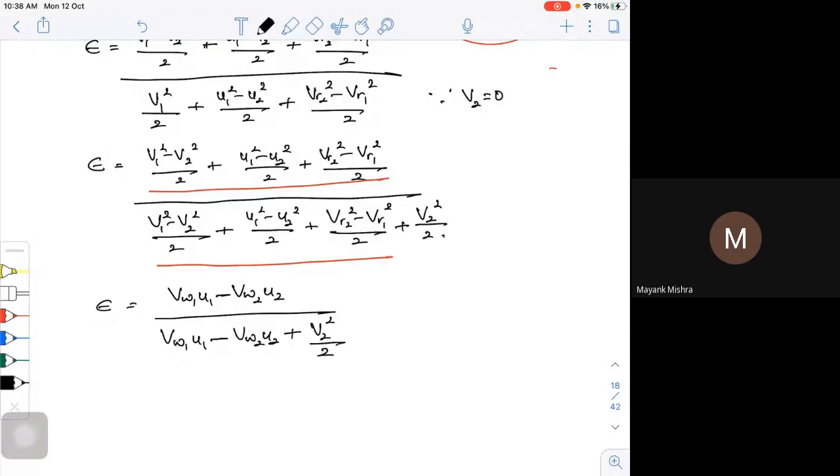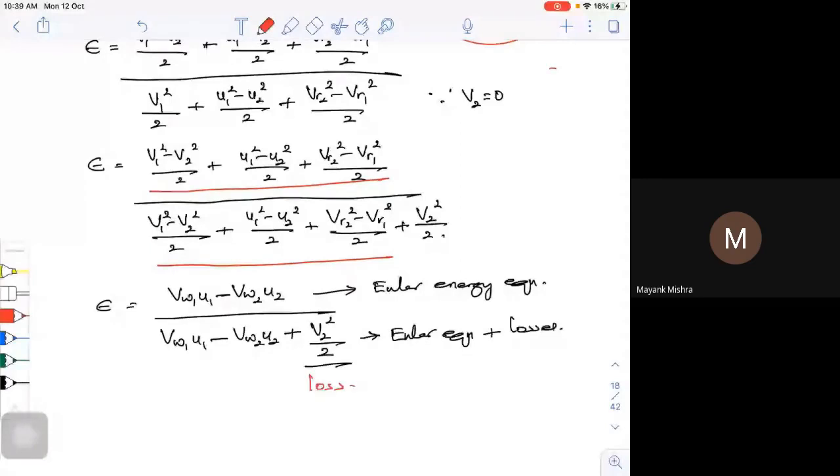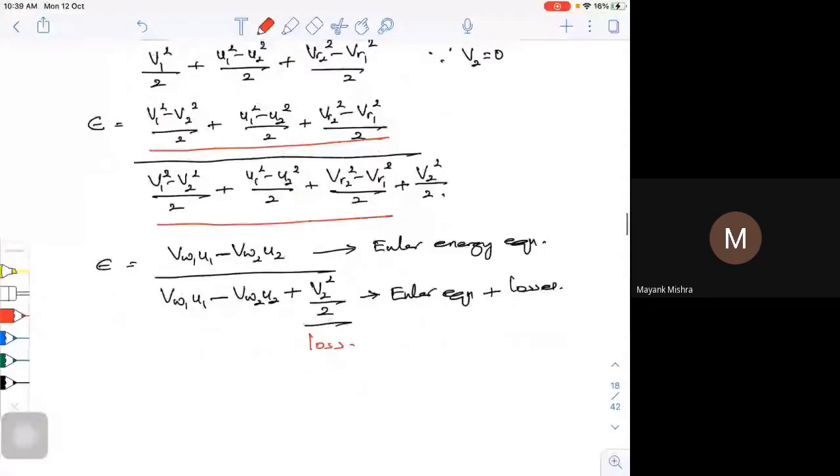The numerator is your Euler energy equation, and at the bottom is the Euler equation plus loss. This is the energy not utilized, which I am unable to convert.